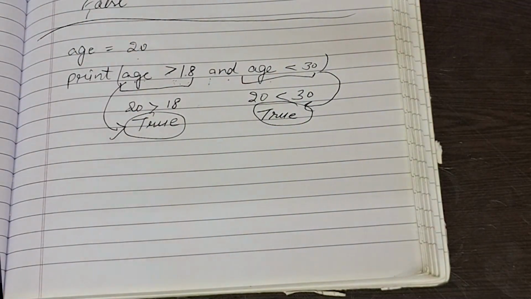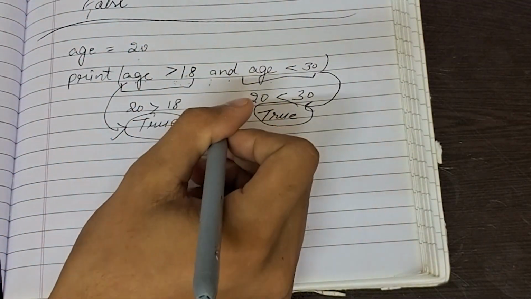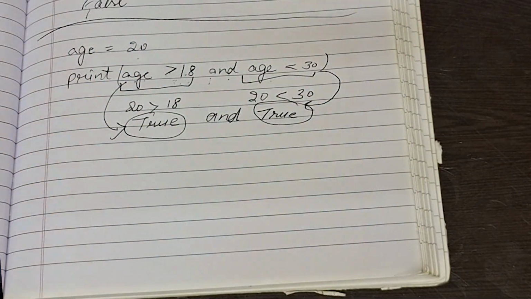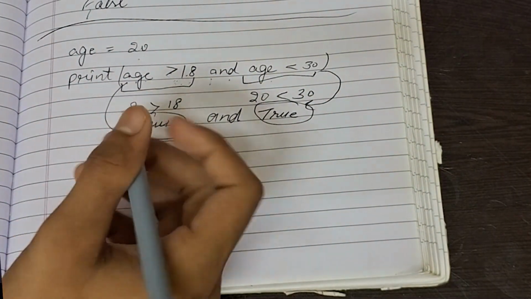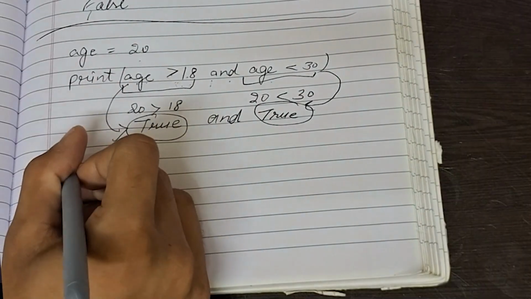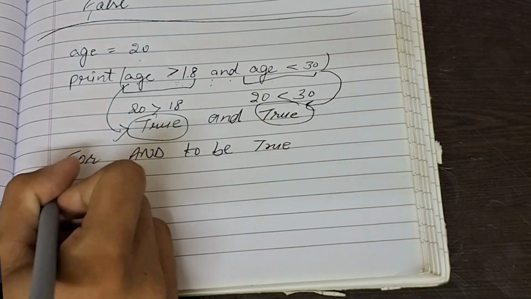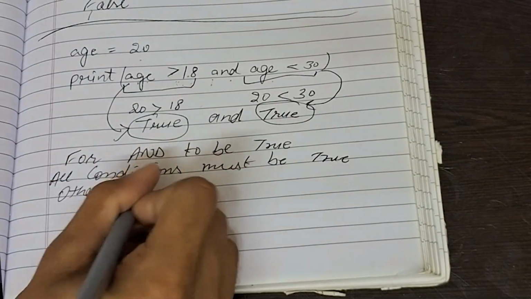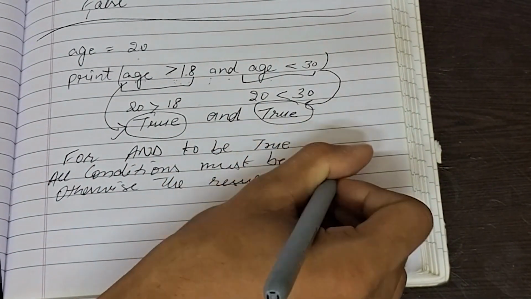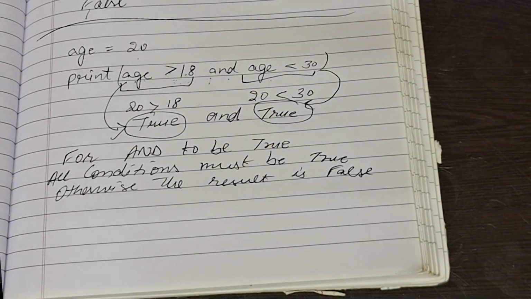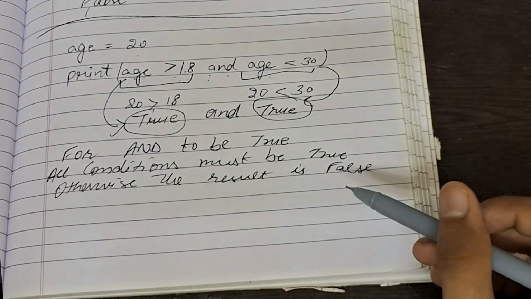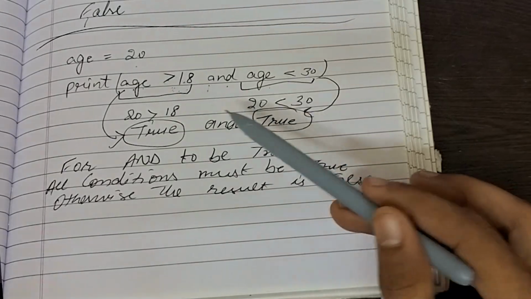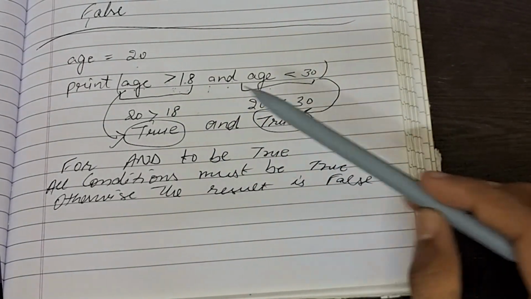So true and true. What does this mean? We have seen that for and, we need both the conditions to be true. So for and to return true, the value of all the conditions must be true.